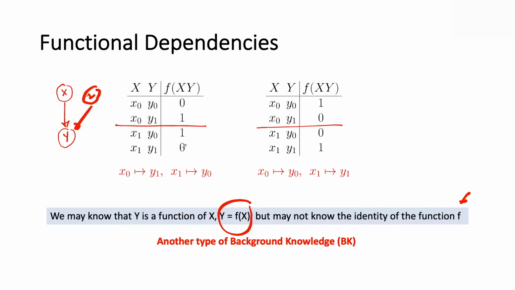Interestingly enough, you can utilize that when compiling circuits, and it could lead to an exponential difference when you utilize that information. More broadly, you can think of this notion of background knowledge as what we know about the parameters, and that could be knowing their actual values or knowing something more abstract about them, like I've shown here.